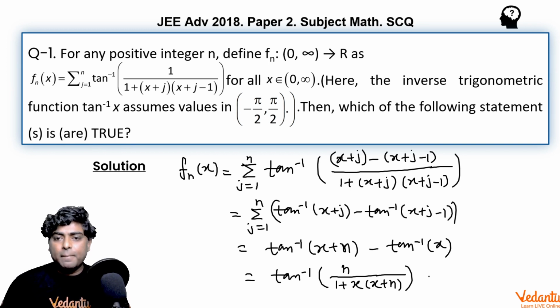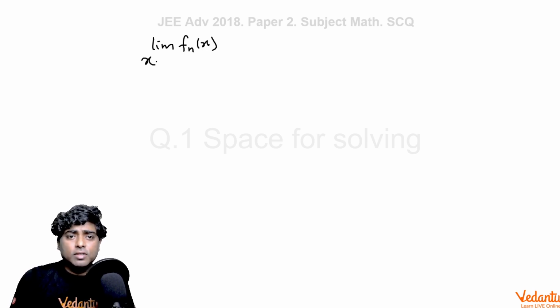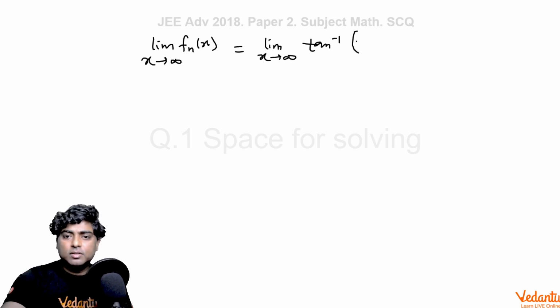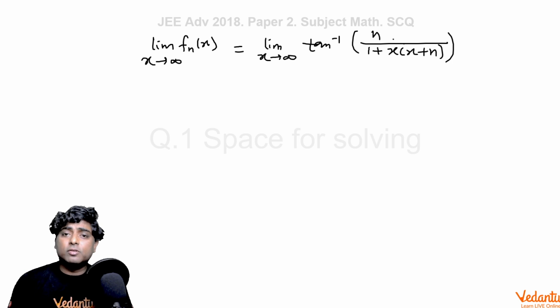Obviously from here we can see that the limit of fn(x) as x tends to infinity is nothing but, okay, what was fn(x)? If we can recall it, it was x upon n upon, and n is finite, remember, x into x plus n. So n is finite and x goes to infinity, the denominator becomes infinity, so it is tan inverse 0, that is 0.